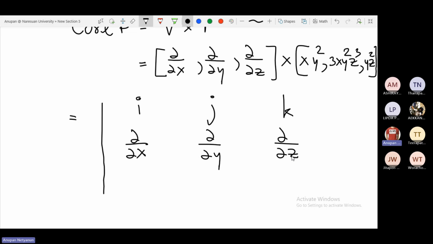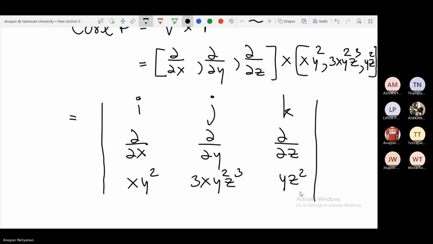Okay. And finally, you list this for the last row: xy squared, 3xy squared z cubed, and then yz squared.